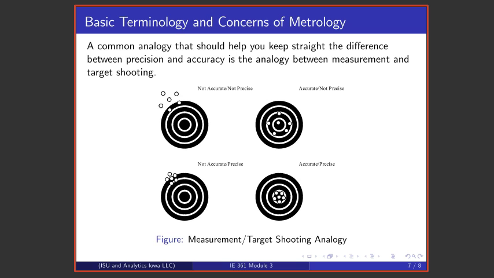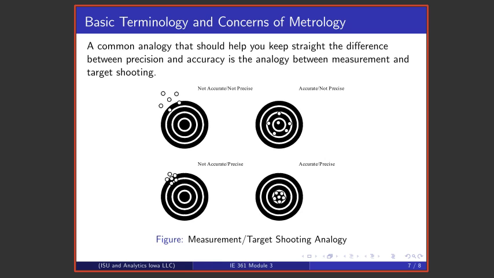So here's a simple analogy that should help you keep straight the difference between at least precision and accuracy. It's a target shooting analogy. When I shoot at a target, I can be on target or off target.